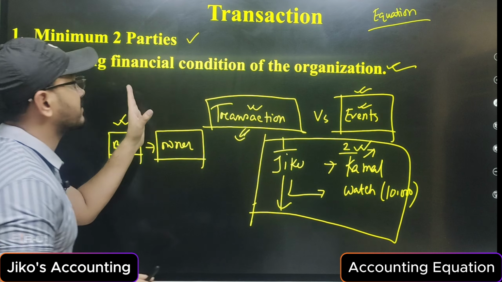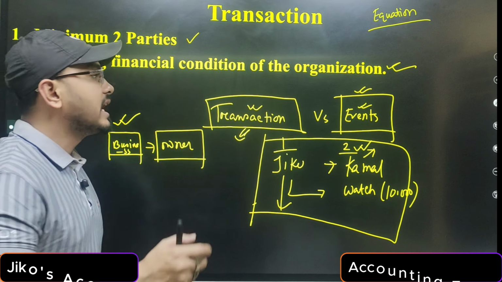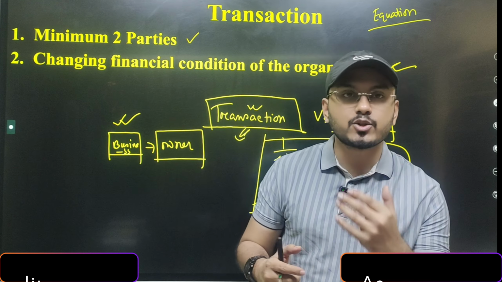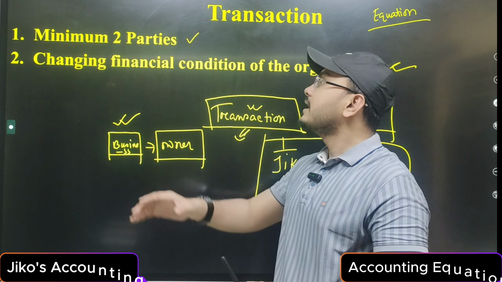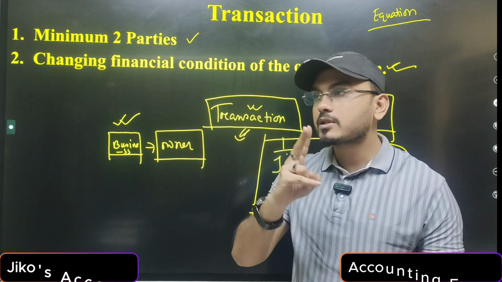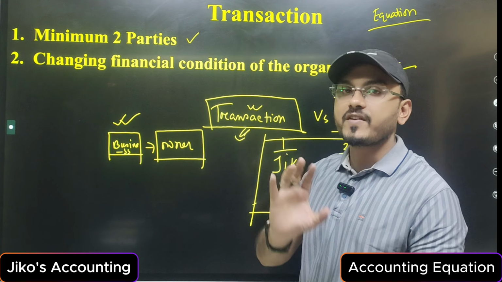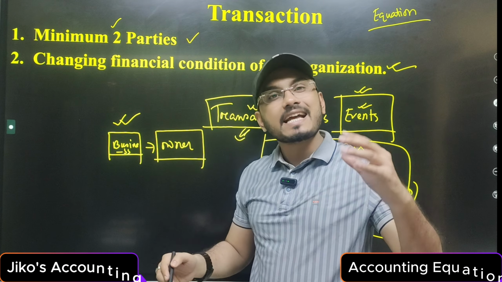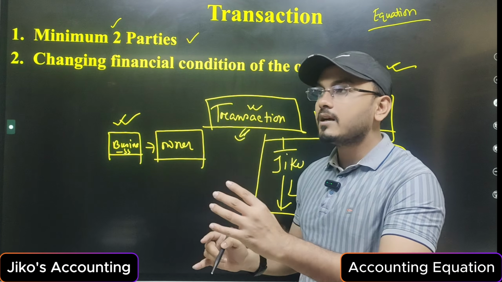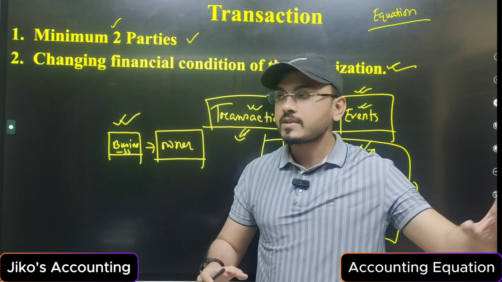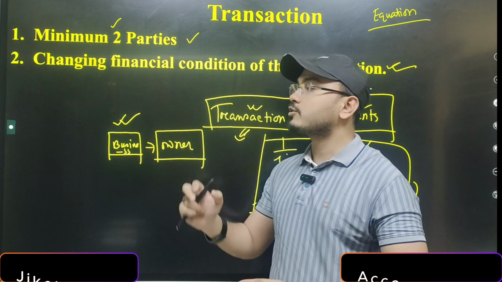There must be a change in the financial condition of the business. So according to the business concept, how can we usually identify a transaction? To be a transaction, there must be two conditions that should be fulfilled. The first one, minimum two parties. More than two parties can exist in the business: buyer, seller, supplier, whatever, three or four parties maybe, but minimum there should be two parties.